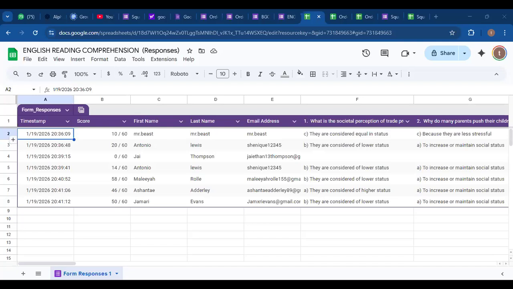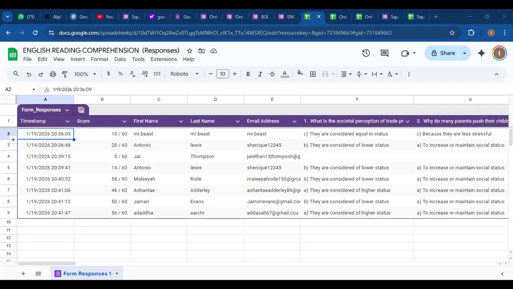Oh gosh, where's Malia? Can you hear me? Yes, sir. Okay, good. You got a 58. That is very good. You could leave. 58 is incredible. You only got one wrong.